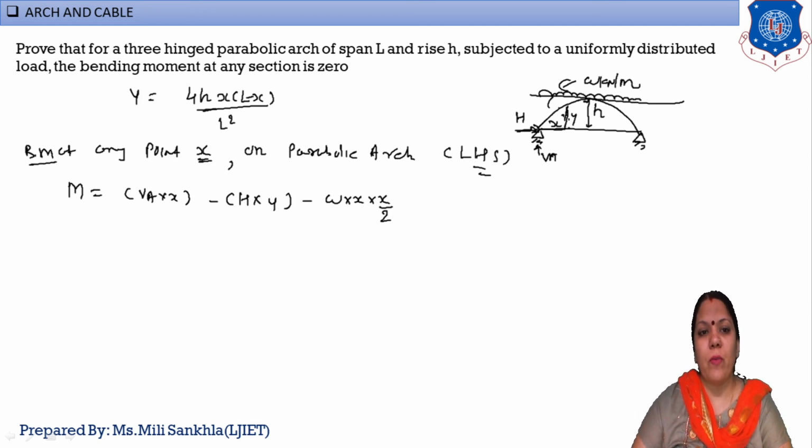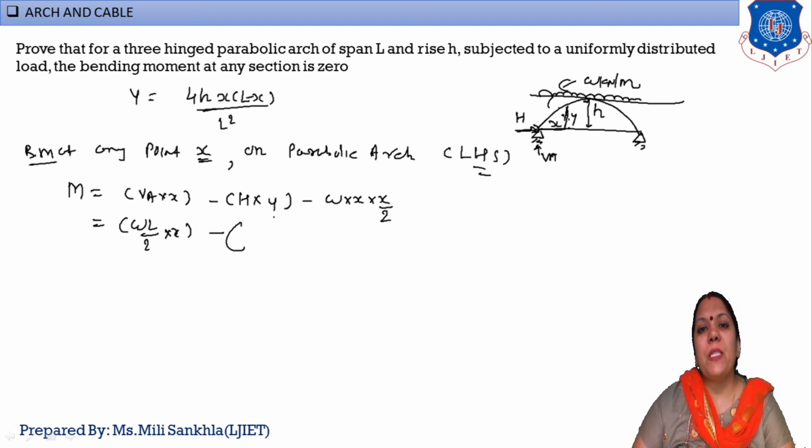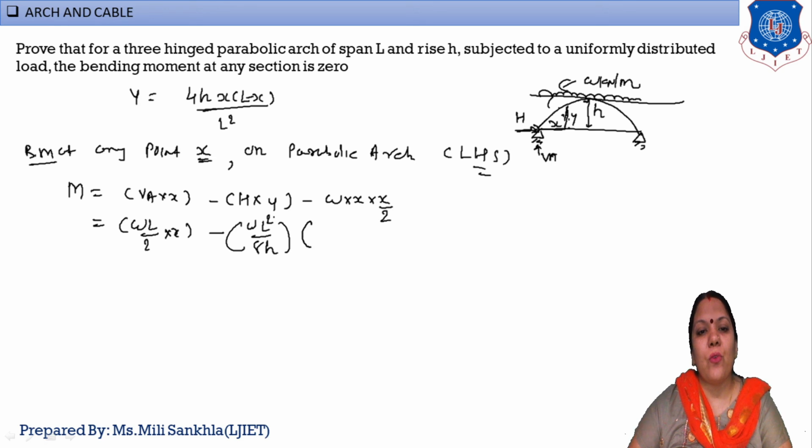Now one by one put in the values of Y and VA. VA is equal to WL by 2 into X, minus the value of H we found, WL square by 8H, and Y is equal to 4H X into L minus X divided by L square, minus W X square by 2.